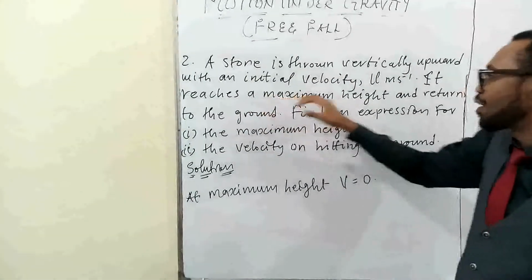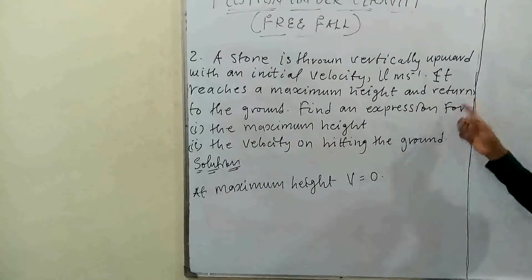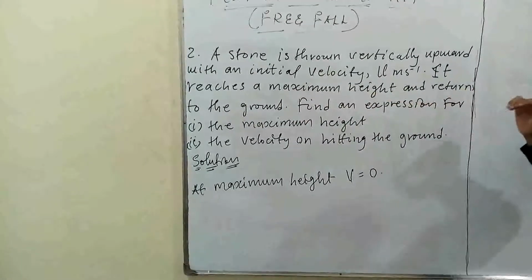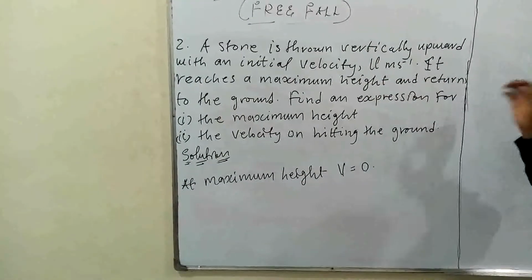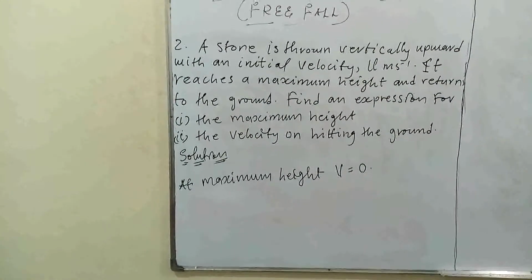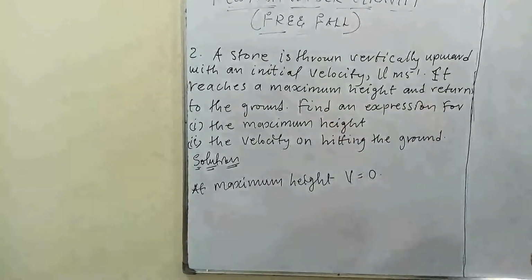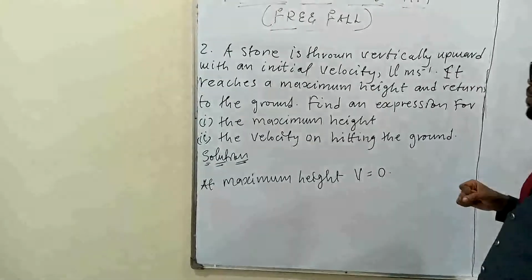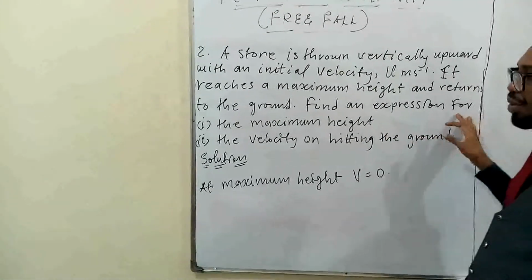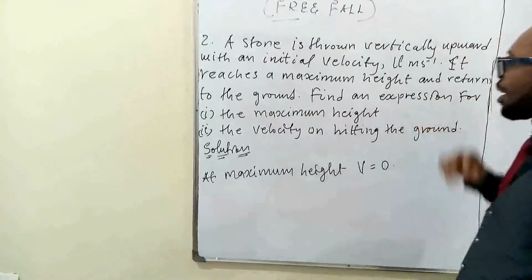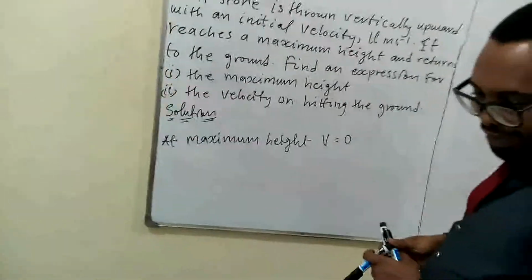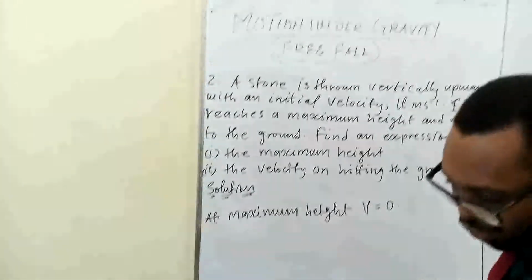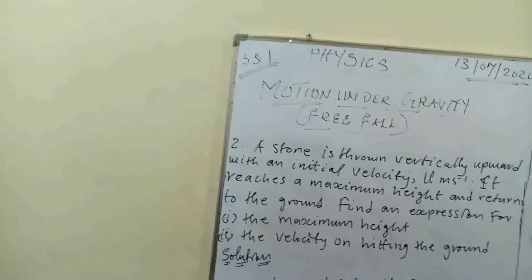It reaches a maximum height and returns to the ground. So we are to find what? We are to derive an expression for this maximum height, h. How do we calculate h?